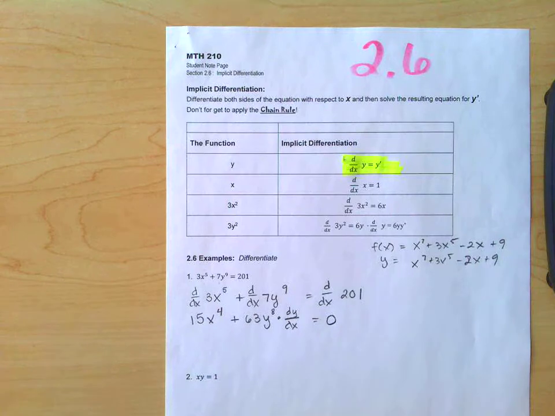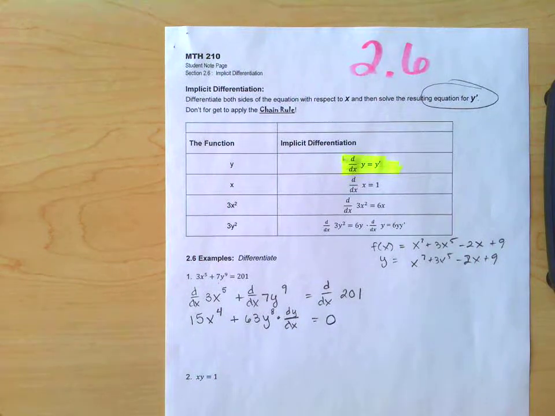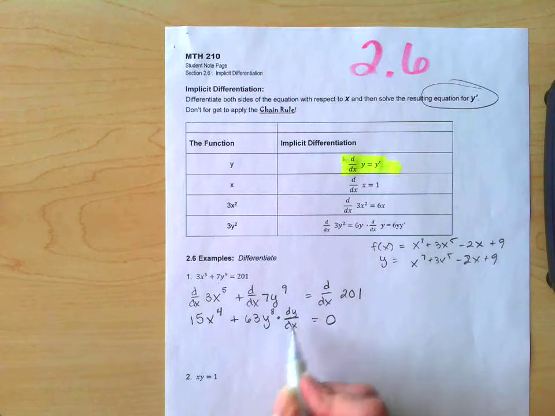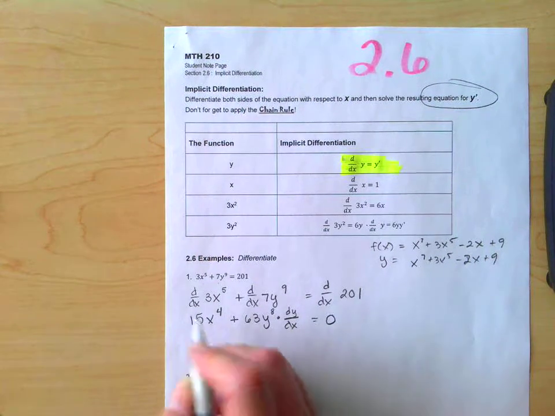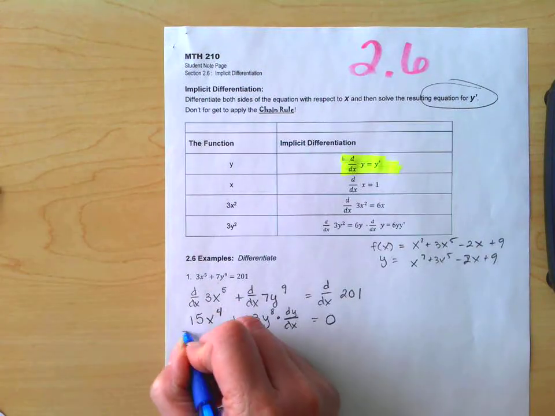The next step is going to be to solve for y prime. So to solve for y prime, I'm going to take this 15x to the 4th and subtract it from both sides.